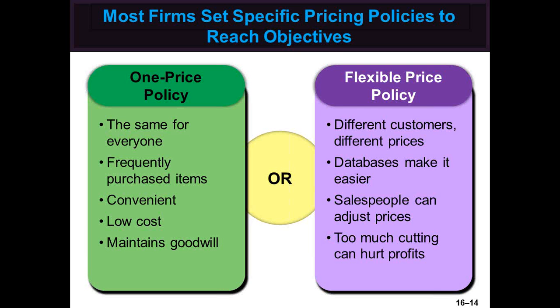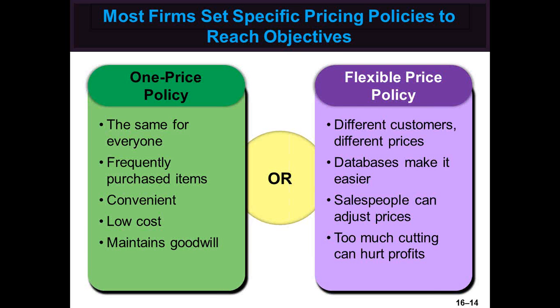Flexible price policy is offering different prices for different consumers. Pricing databases make flexible pricing easier, less costly, and less time-consuming because they contain information about different customers. Salespeople can also adjust prices to take into account the competition, the firm's relationship with the customer, and the customer's bargaining ability.